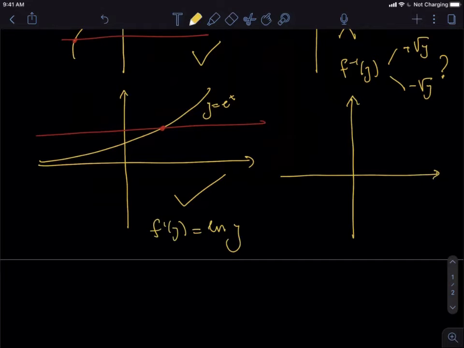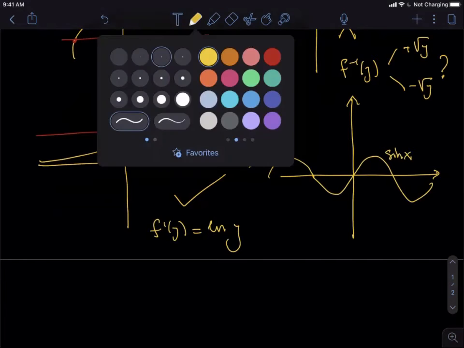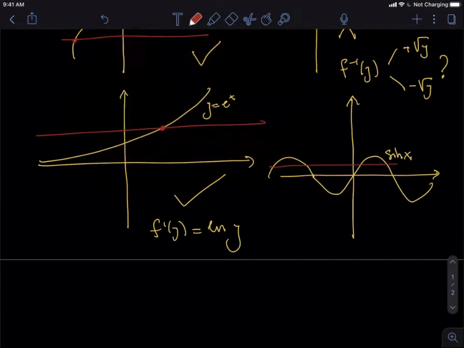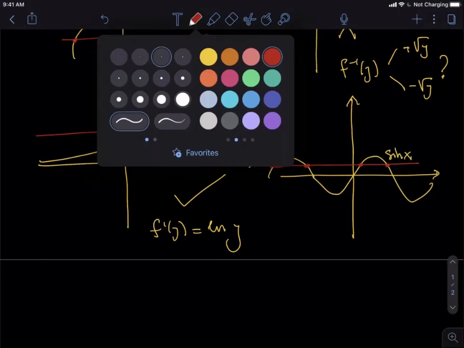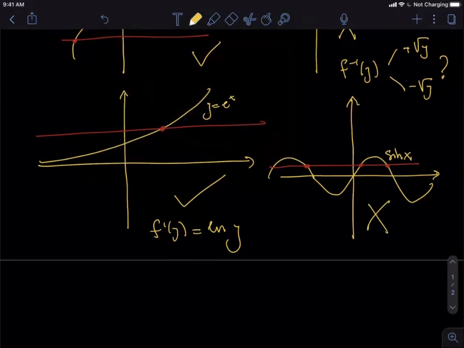For example, we could have the sine of x, and the sine of x is going to cut any horizontal line infinitely many times. So this one is going to fail the test.